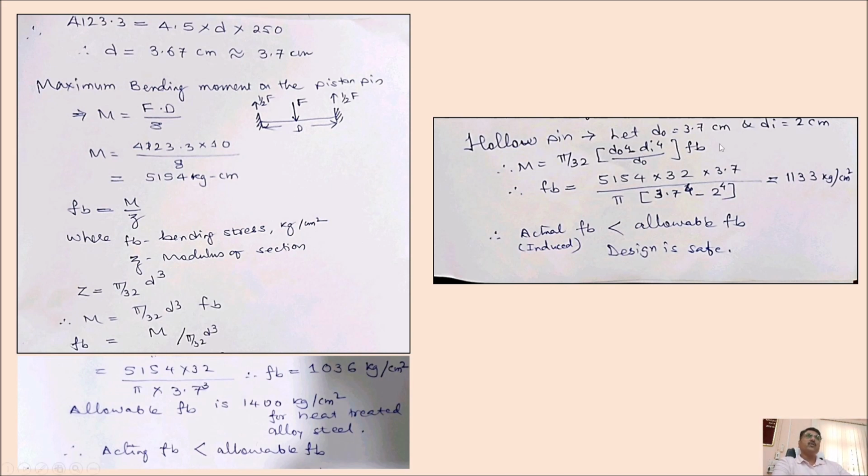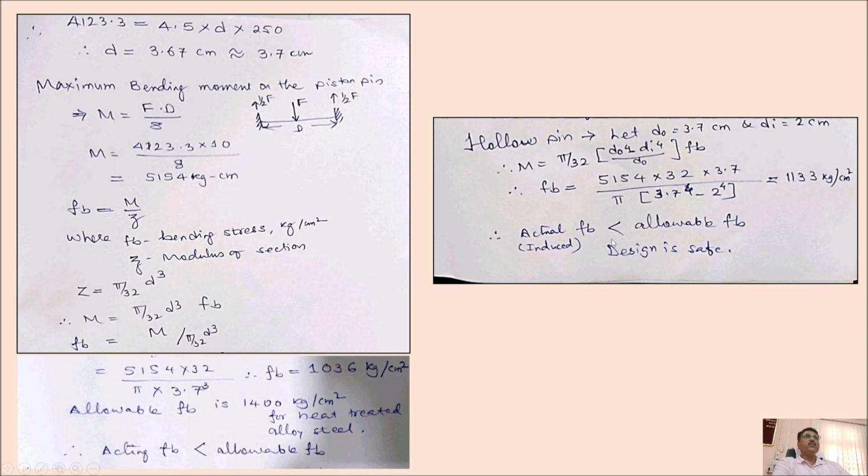However, if pin is hollow, let outer diameter is 3.7 centimeter, inner diameter is 2 centimeter. M will be pi by 32 into do raised to 4 minus di raised to 4 divided by do into Fb. Substituting the values, Fb will be 1133 kg per centimeter square.